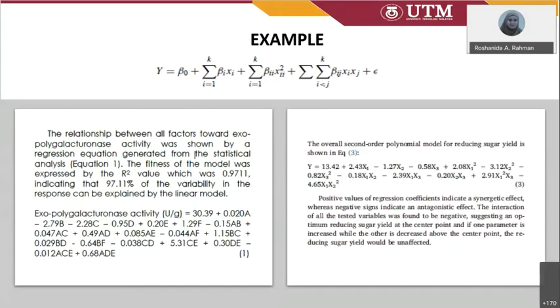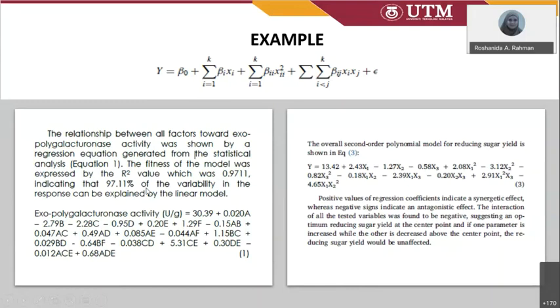How about the higher order model? So this is another example from my student's journal publication. On your left hand side, in my left hand side, I'm not sure about yours, this is one of the equations from the screening process.